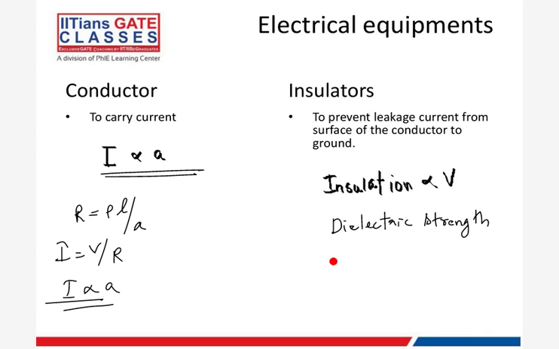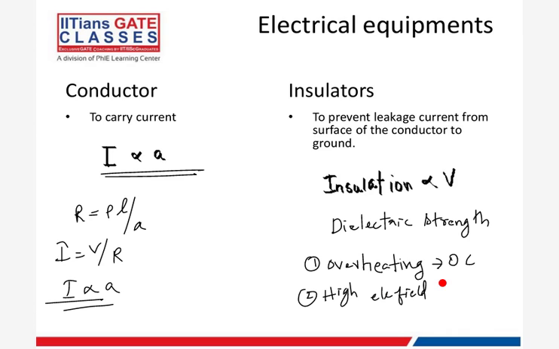Insulation can fail first due to overheating, which is basically due to an overcurrent condition, or it could also break due to high electric field intensity, which is due to overvoltage, right?